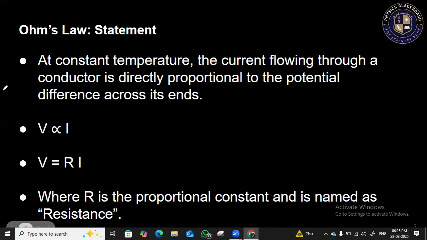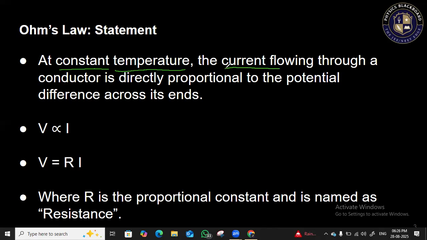So here you see that at constant temperature, the temperature should remain constant, then the current flowing through the conductor is directly proportional to the potential difference across its ends.